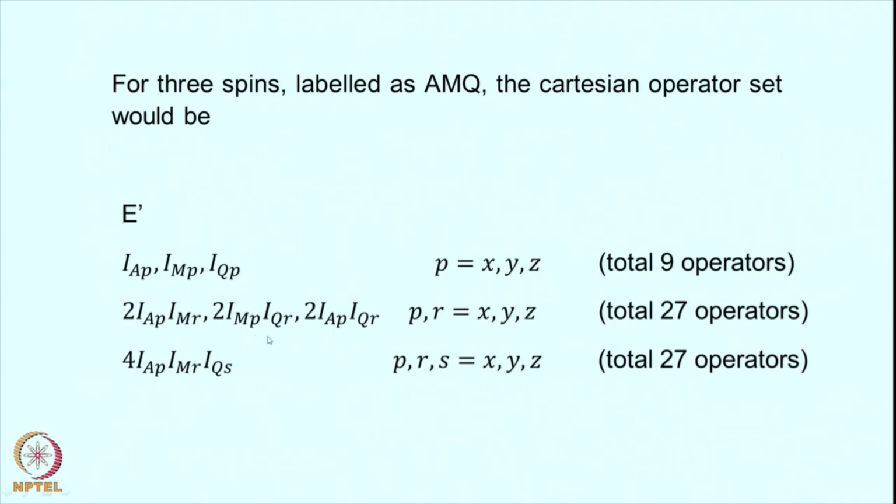P takes 3 values, R takes 3 values, so 3 into 3 into 3, a total of 27 operators.